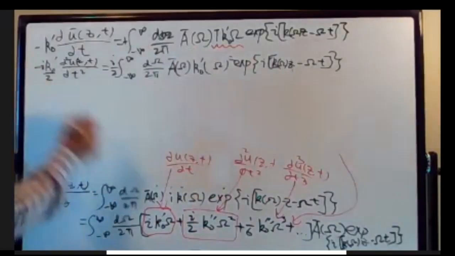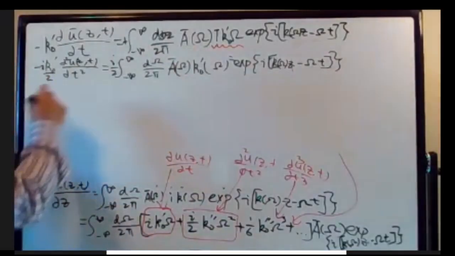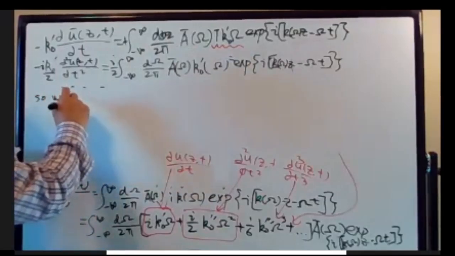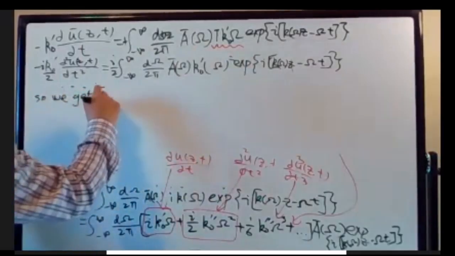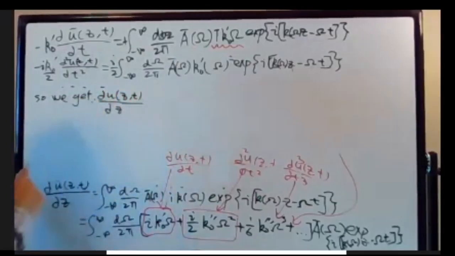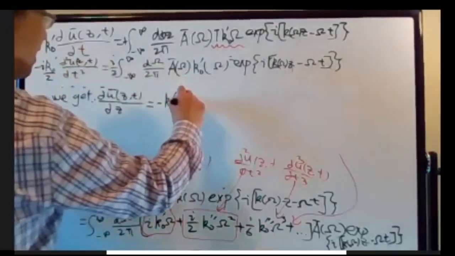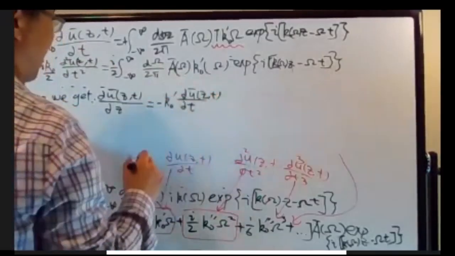And I can do the third term also. All together, this is the third term I'm going to skip. So we get, right? So we get the left-hand side, partial u over partial z of z,t. This is a bar, equals the first term is this, right? So negative k naught prime partial u partial t of z,t. This is bar.